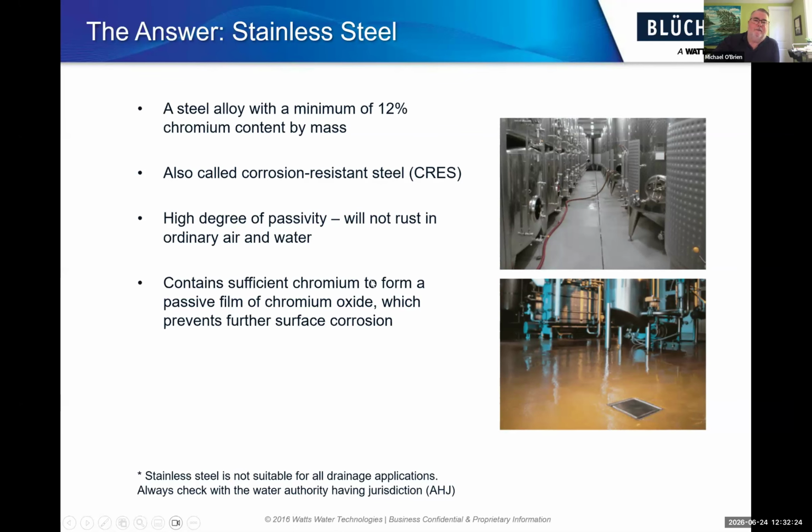When you add chromium to steel to create stainless steel, the oxidization becomes chromium oxide, and that's what gives it its corrosion resistance. Unlike galvanizing, because the chromium is internal, if the surface gets scratched at some point, it will reoxidize and seal itself. Whereas with galvanized, that piece needs to be re-dipped. There's no self-healing at all.